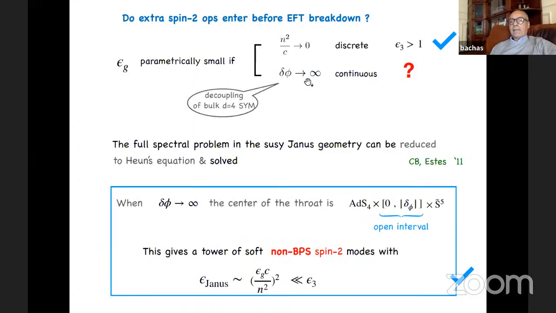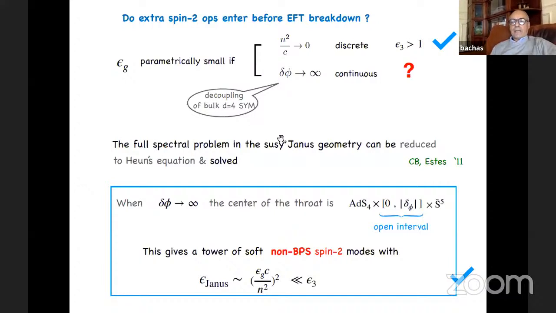But I can take delta phi to infinity, actually. This is essentially very similar to saying that you take a bulk 4-dimensional super Yang-Mills, even though there isn't one. I mean, there would be one if I decouple one of the two end of the world branes, and I take each gauge coupling to 0, and this is effectively the same as that. So now, by doing this, I can indeed restore energy momentum conservation and take epsilon to 0.